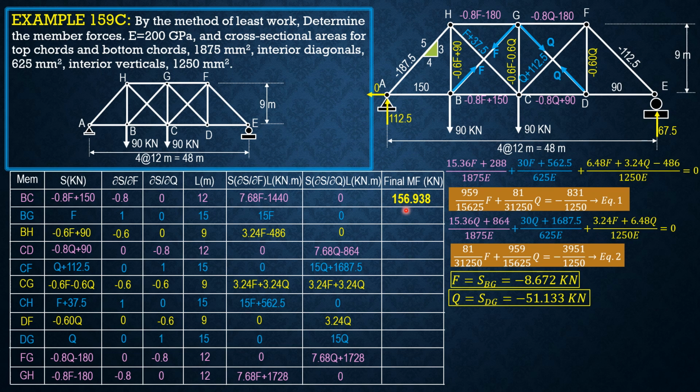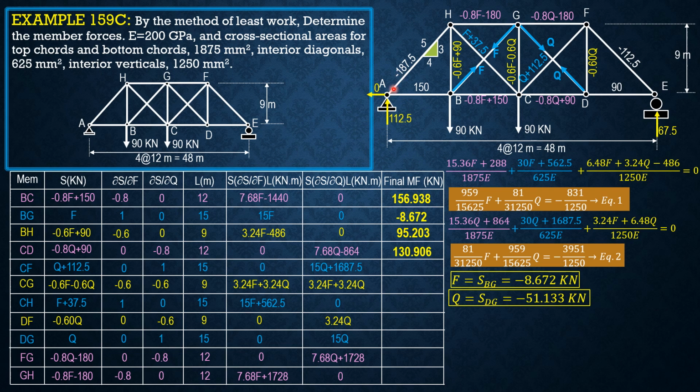So you know already how to substitute it into this column here. You put the answers here. So for FG, negative 139.094 kilonewtons. Finally, for GH, negative 173.062 kilonewtons.